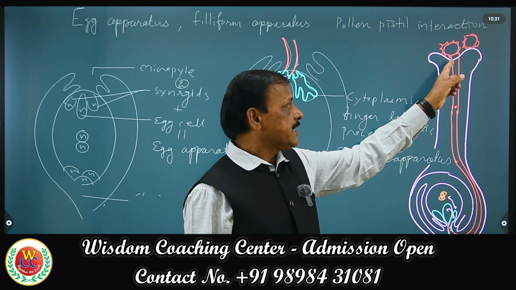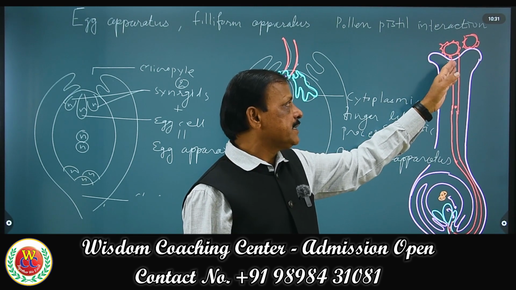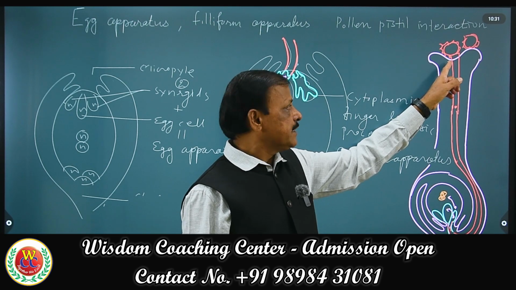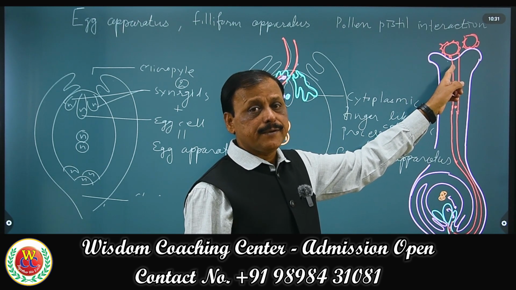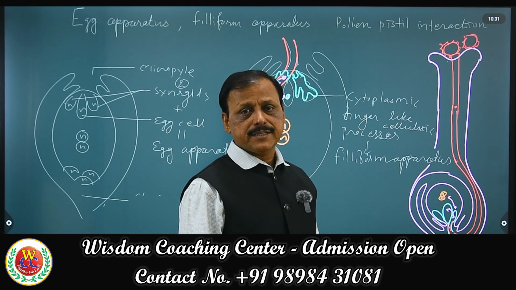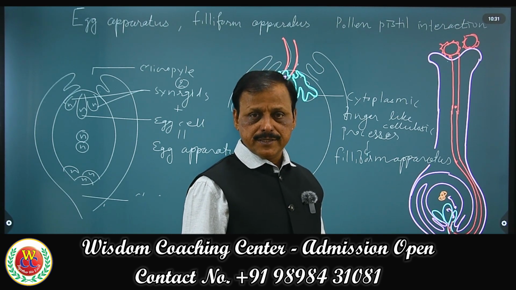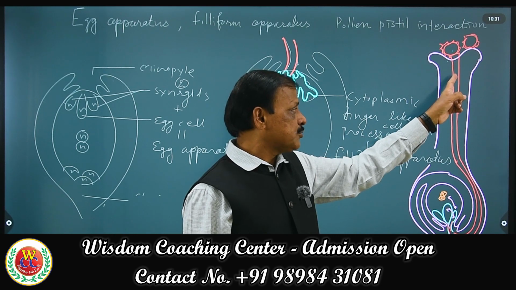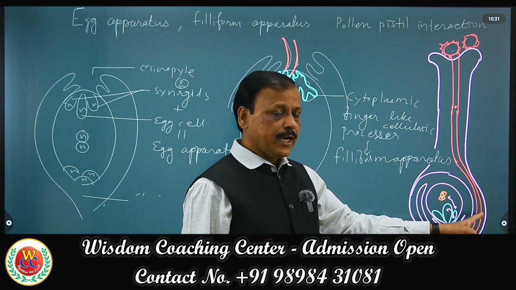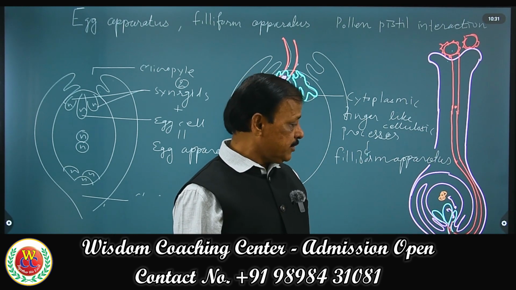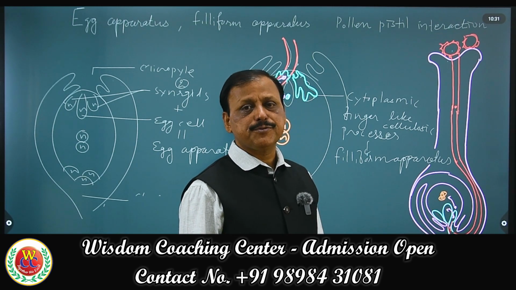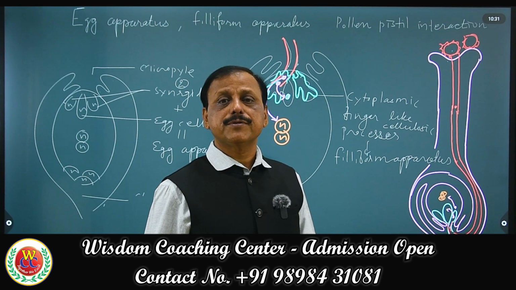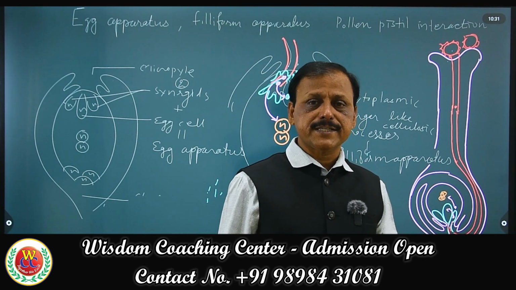That means the chemical substances of the pollen grain are recognized by the chemical substances of the pistil. This is known as biochemical interaction between pollen grain and pistil, so as to allow the pollen tube to develop and pass through the style to the micropylar end to release the male nuclei for the fusion of one male gamete with the egg cell and another with the polar nuclei. This is known as double fertilization.